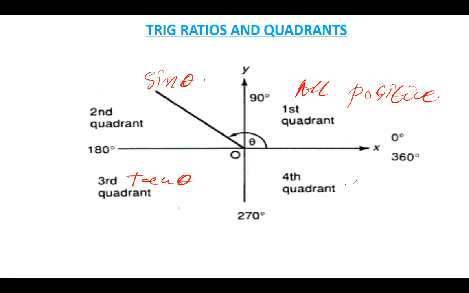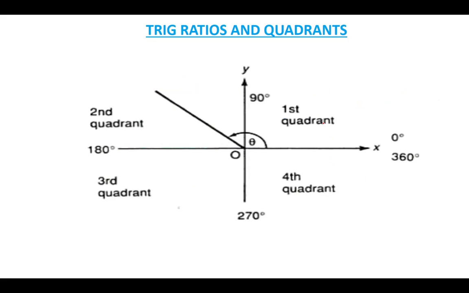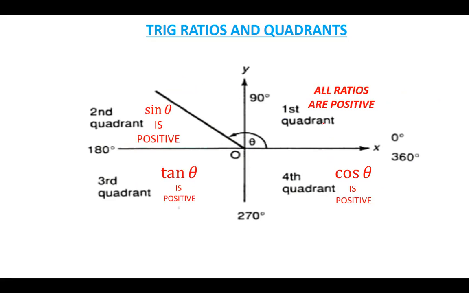And then in the fourth quadrant, only cos theta is positive. This is a very important part of trigonometry.